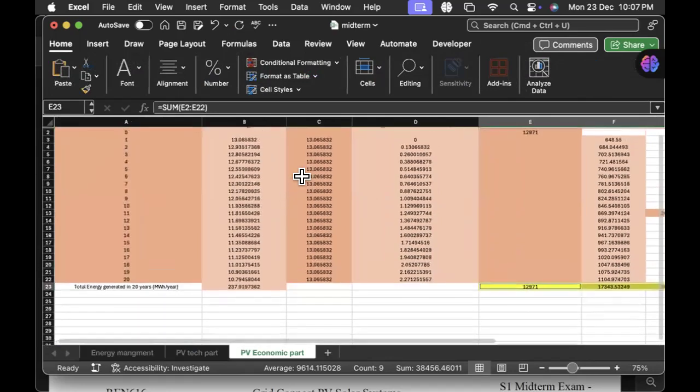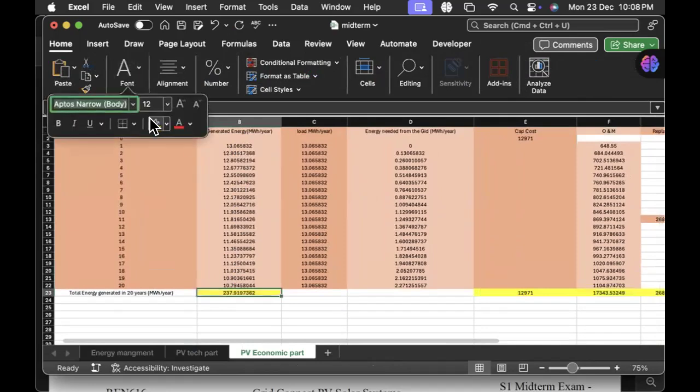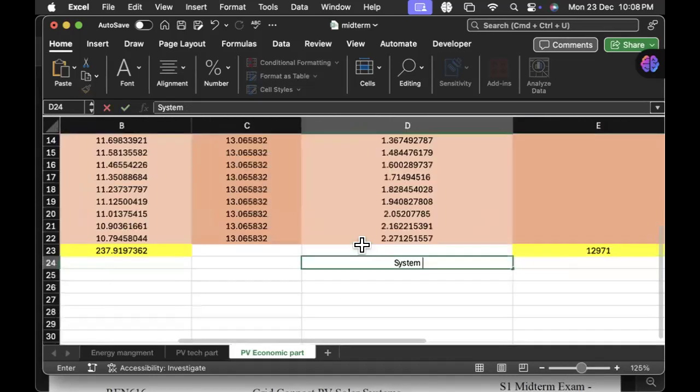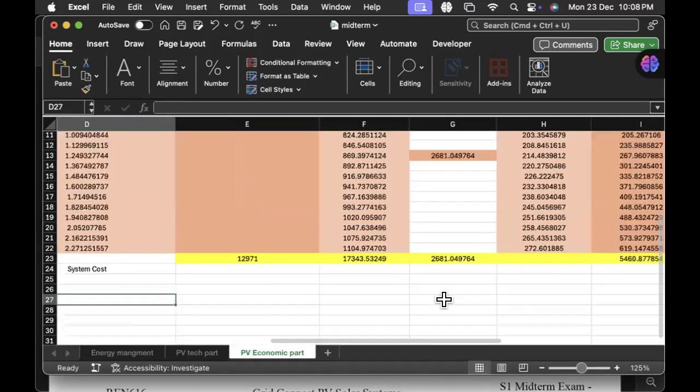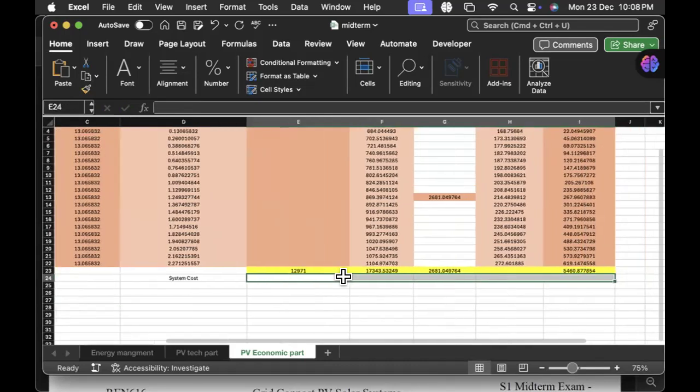So this is the energy generated. Again, I will do it in yellow. So let's now calculate the system cost. This is the overall system cost. So this is simply, let me merge all that.